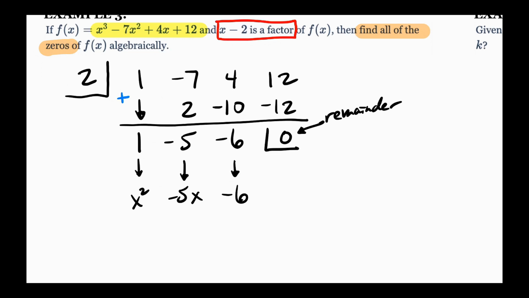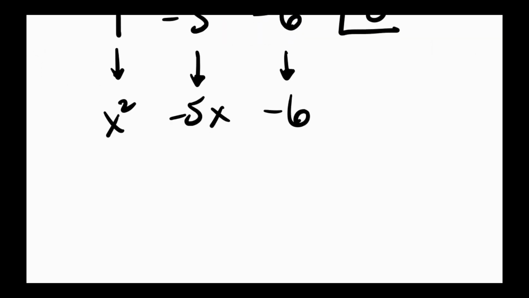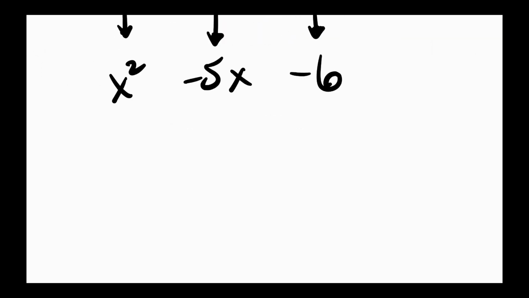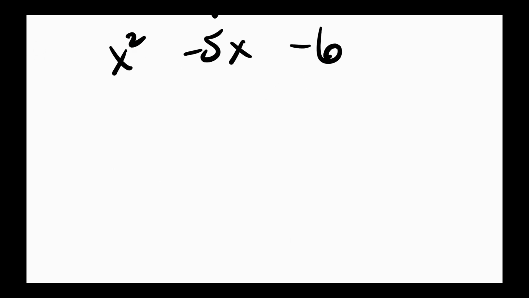So how am I going to find the zeros of that guy right there? Not plug in. That's just step one. That's going to be step one. What is that called? Step one is set equal to 0.